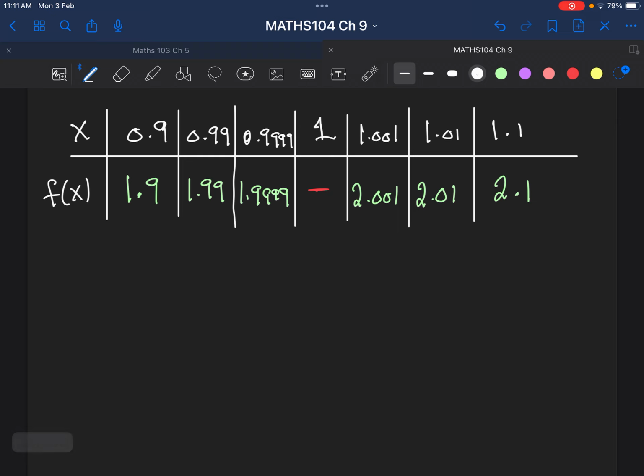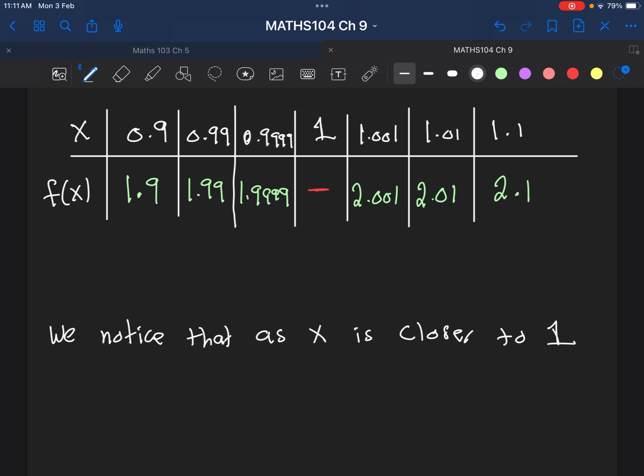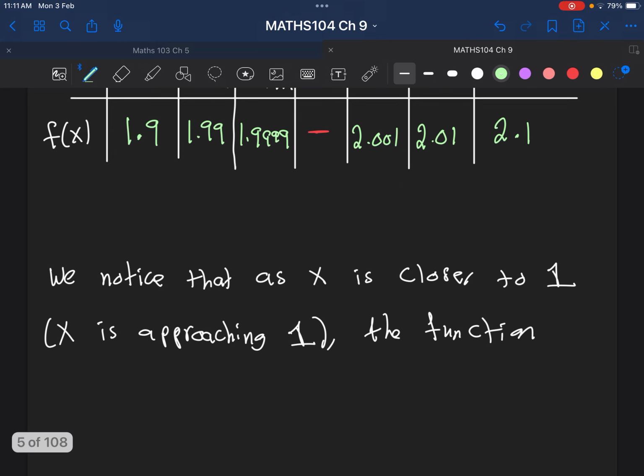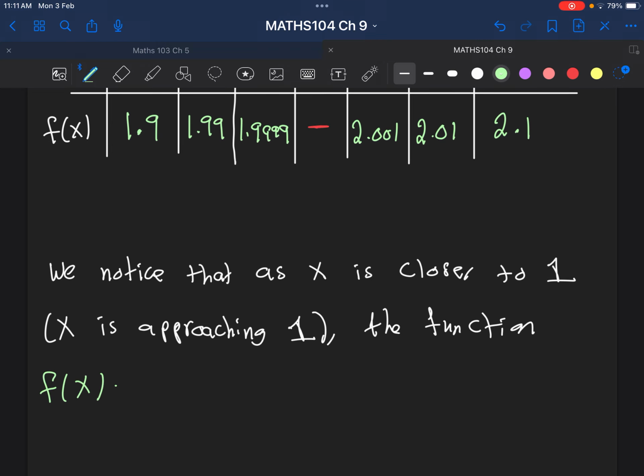So just let me write this as a remark. We noticed that as x gets closer to 1, or sometimes we say x is approaching 1, the function, which is f of x equal to (x squared minus 1) over (x minus 1), gets closer to 2.